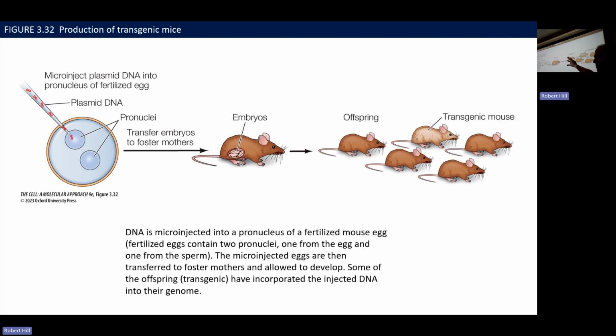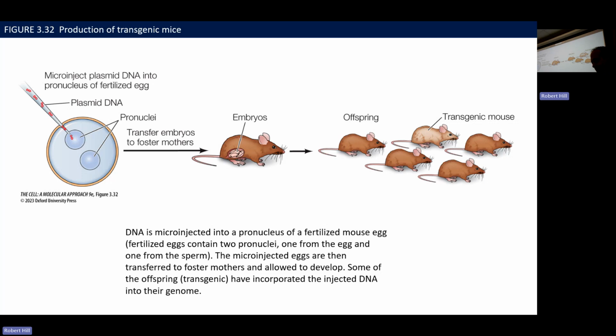And you can take that fertilized egg and implant it in a carrier, the foster mother, as we call her here. And that foster mother will give rise to offspring where some of the offspring are transgenic, right? They're carrying that mutant form that you've put into it.